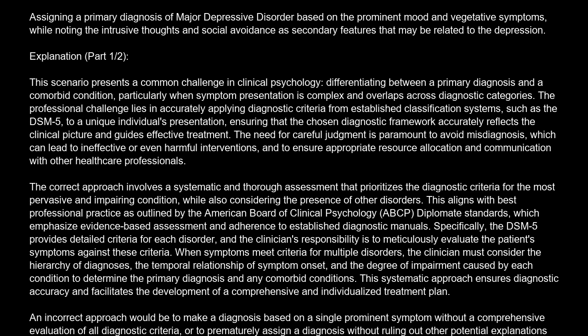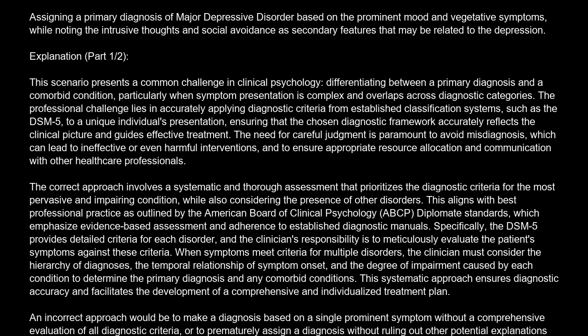This aligns with best professional practice as outlined by the American Board of Clinical Psychology, ABCP, Diplomate standards, which emphasize evidence-based assessment and adherence to established diagnostic manuals. Specifically, the DSM-5 provides detailed criteria for each disorder, and the clinician's responsibility is to meticulously evaluate the patient's symptoms against these criteria.